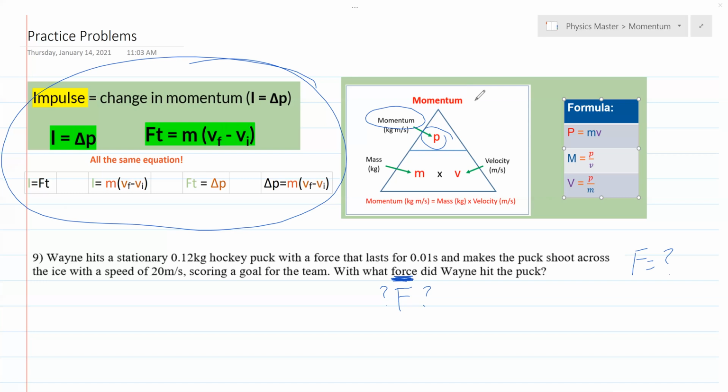Pamela, are you there? Sarah, are you there? Yeah. Okay, Sarah, when you read this, can you tell me anything you think we're going to use? Like, I'm just going to underline it. Can you tell me something you think is important that we're going to use in our equation later? Time, right?